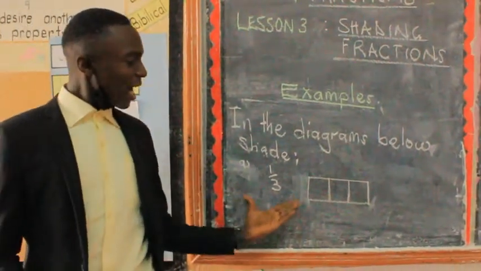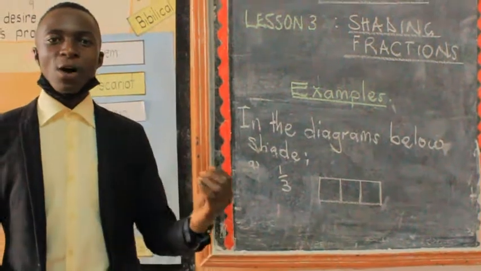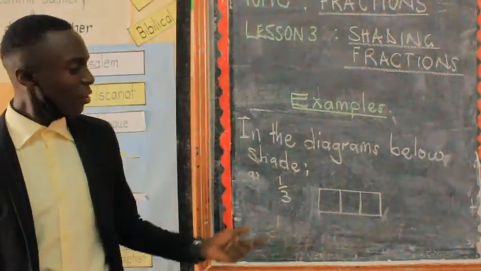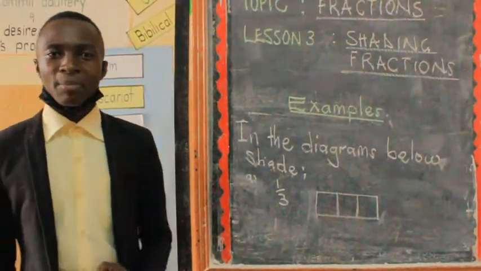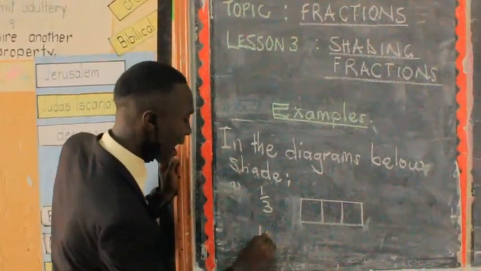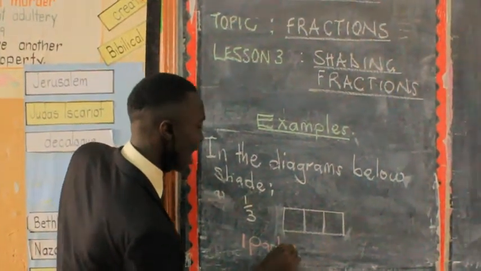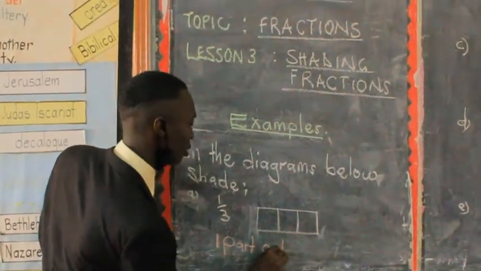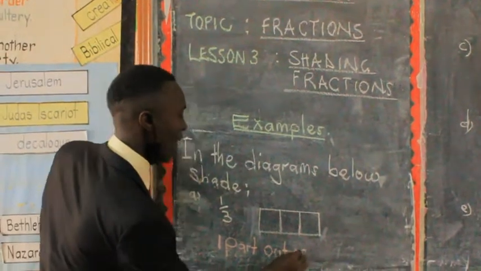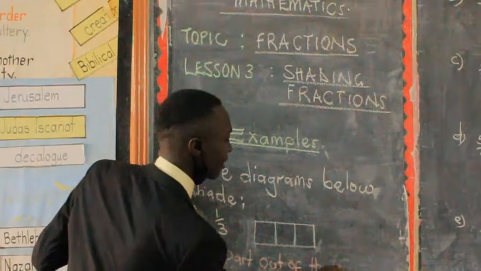What does 1 out of 3 mean? This is our diagram. So 1 out of 3 simply means that we are going to shade one part out of the 3 parts.